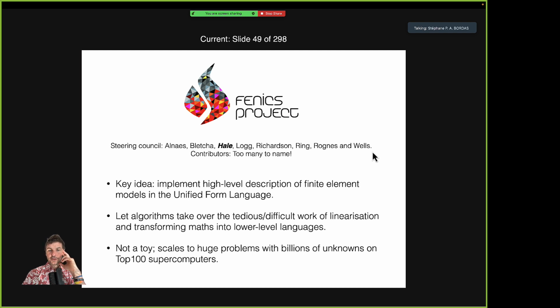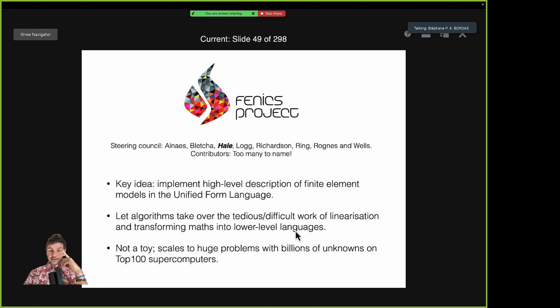So one approach that we used here in my group, in the Legato team at the University of Luxembourg, is the Phoenix project, which you can see here, the logo of. And the idea is to implement high-level descriptions of finite element models in a unified form language. So the idea is that you start from something written by hand. You can write the strong form, and from the strong form, the weak form will automatically be derived once you have set up exactly what approximation spaces you want.